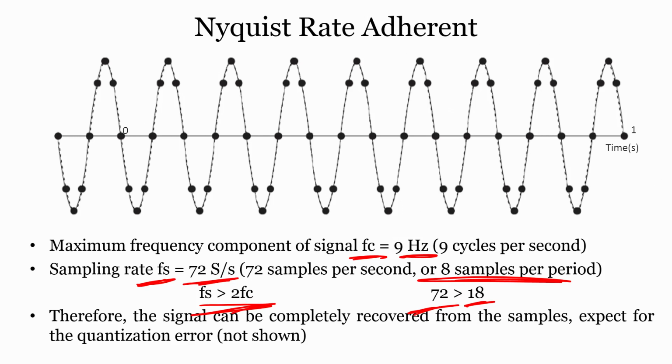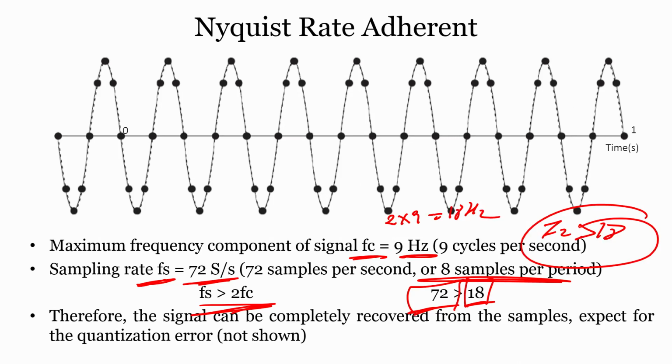So, is 72 greater than 2 times 9, which is 18 hertz? Yes, 72 is greater than 18. So, we stick to the Nyquist rate, and that is why the signal can be completely recovered from the samples, except for quantization error, which is not shown here.